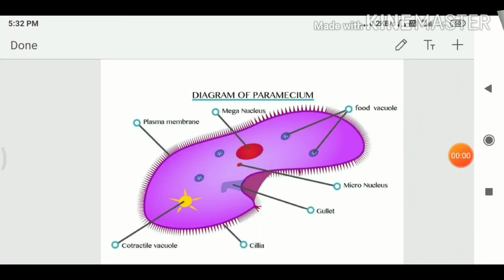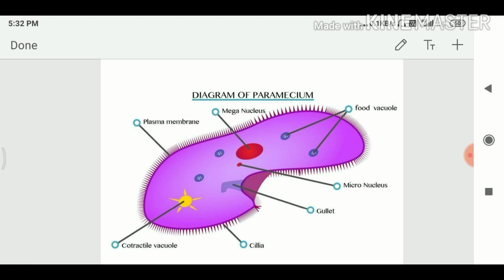The second is the nutrition in paramecium. Right? In paramecium also there are 5 steps: ingestion, digestion, absorption, assimilation and egestion, like amoeba. But there is one variation in the paramecium: unlike amoeba, they cannot take up their food from all directions.